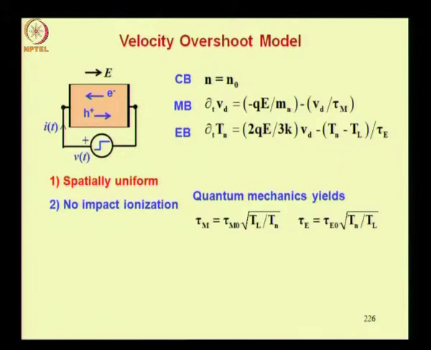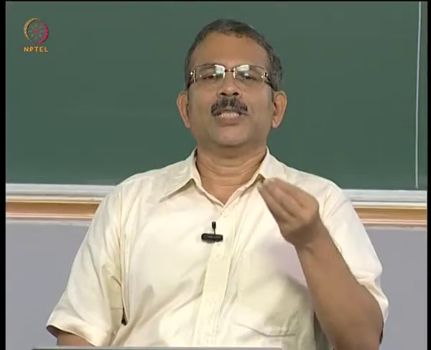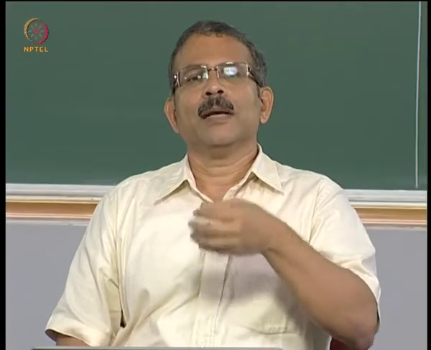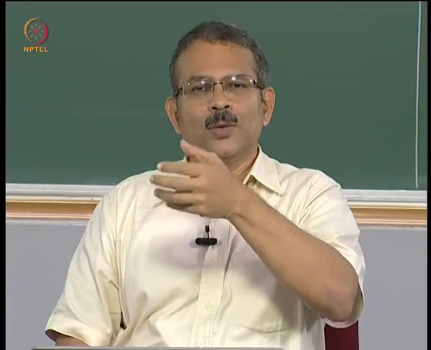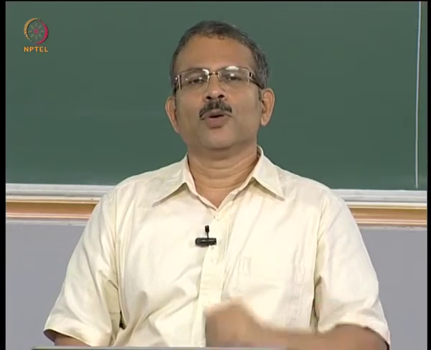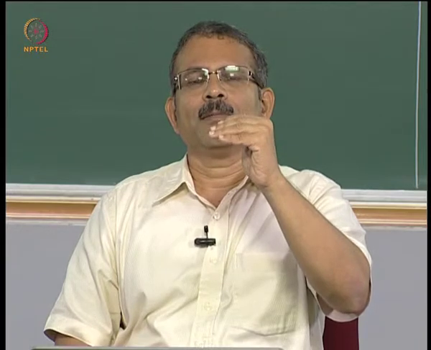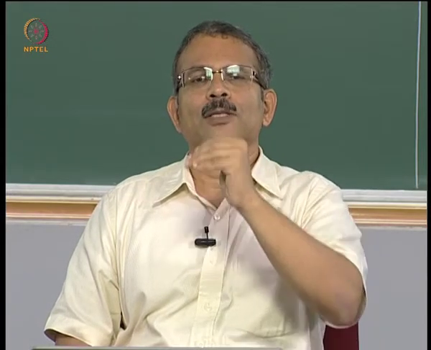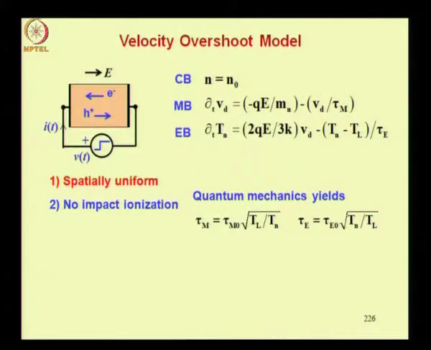Now what we have done is we have also removed the term Jn, and instead we have converted the equation into an equation of the drift velocity. This is done readily because you know that Jn is nothing but minus q times the electron concentration into the drift velocity. So if you divide the Jn equation by minus q times n, you get the drift velocity, because ultimately we want to model the drift velocity and not the Jn, we want the velocity overshoot characteristics.